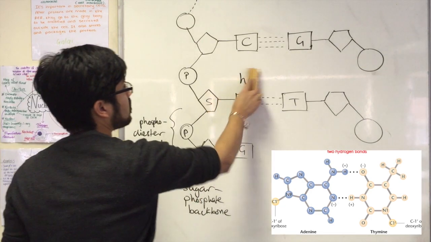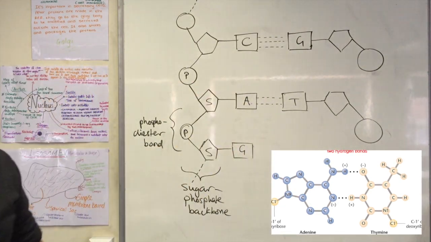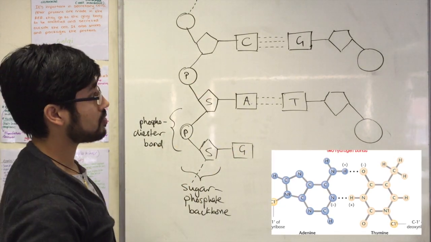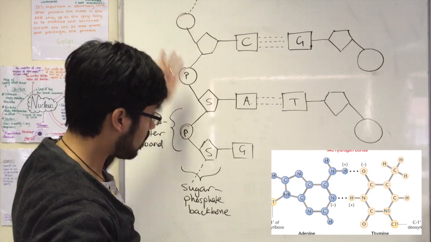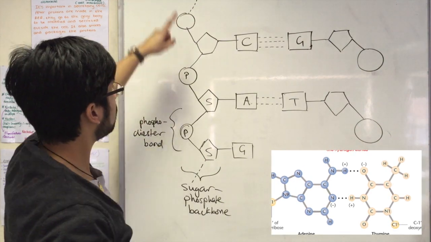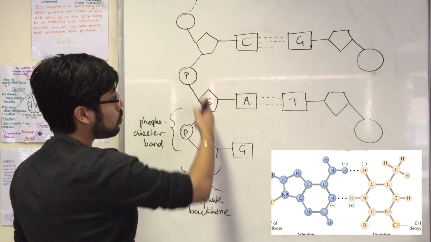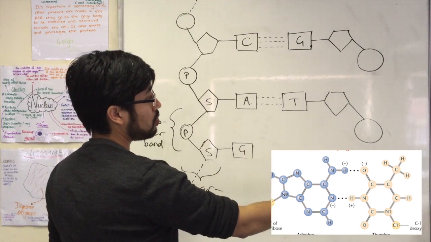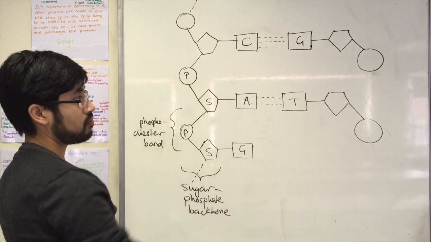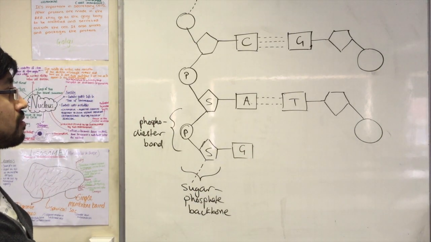And in this way, if you have a very long strand, and you do, you only need that one strand, and the other strand will just start forming itself.